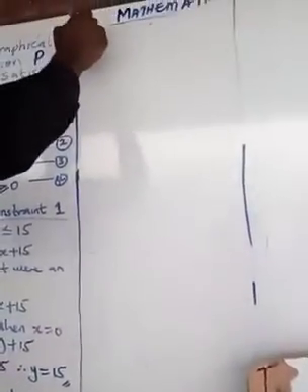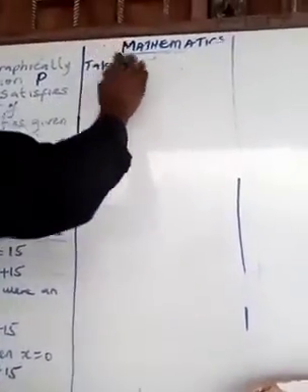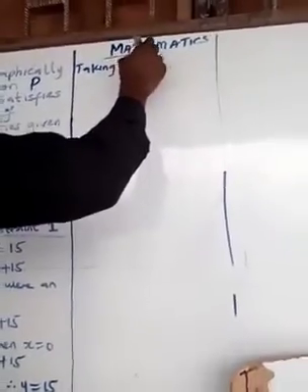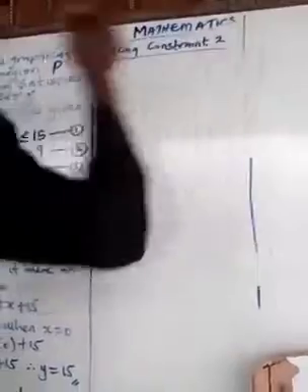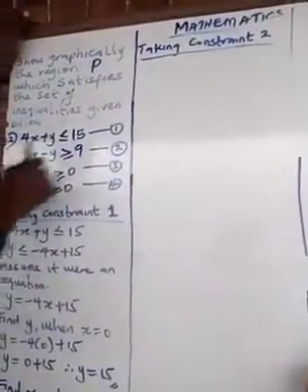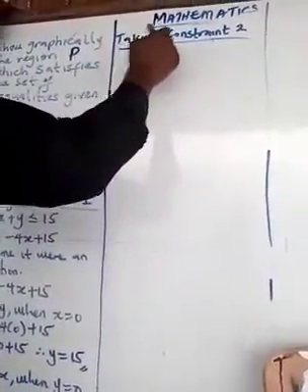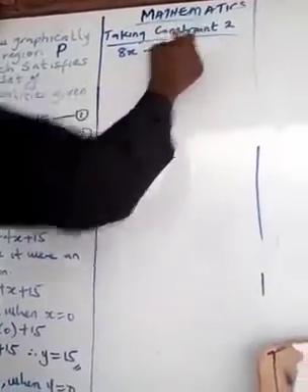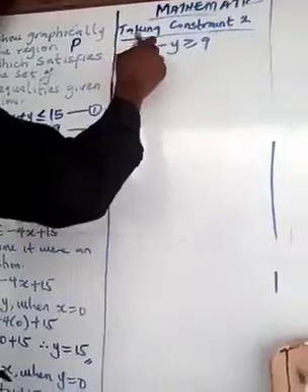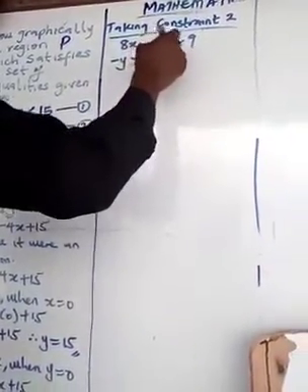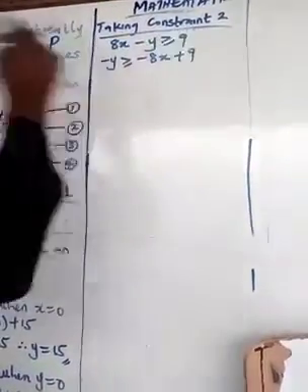Taking constraint 2 now, constraint 2 is 8x minus y greater than or equals to 9. So try and make y the subject. So we have minus y greater than or equals to minus 8x plus 9.